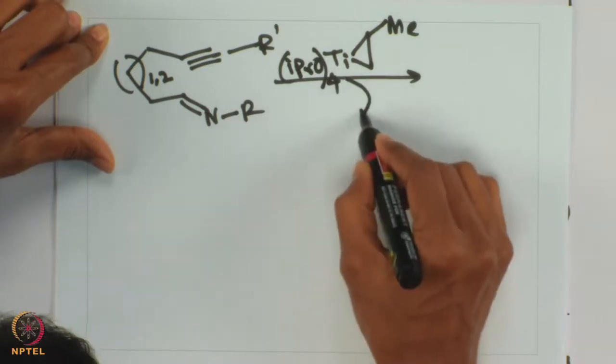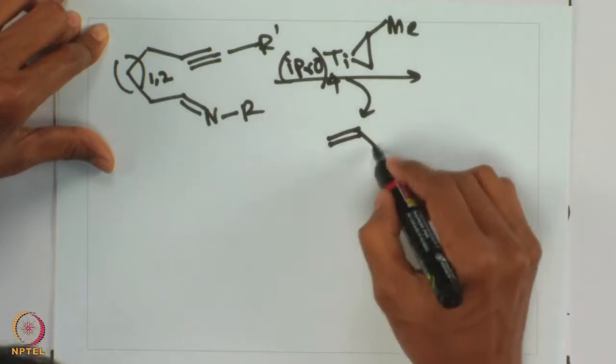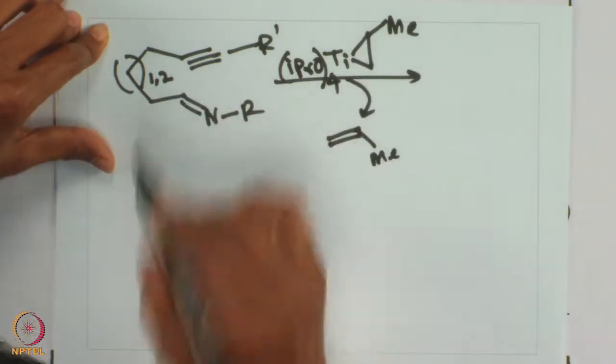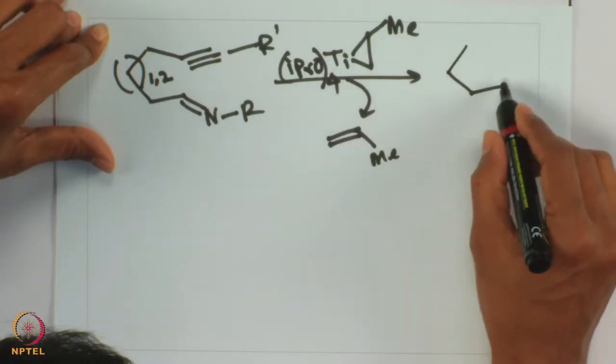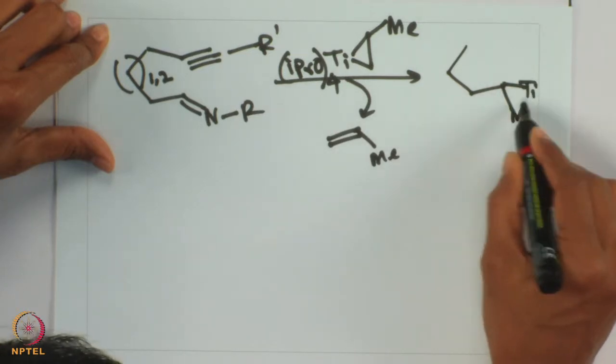Overall, this process will give rise to, the propene intermediate will go out, and the titanium reagent will react with the imine to give you the 3-membered intermediate with the titanium and nitrogen in it.